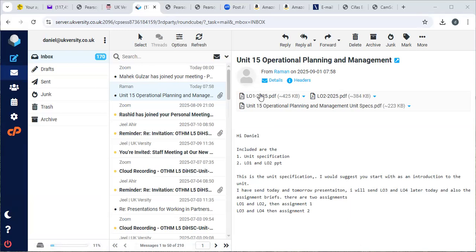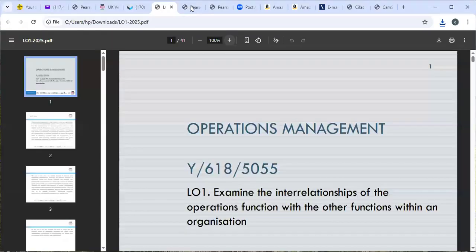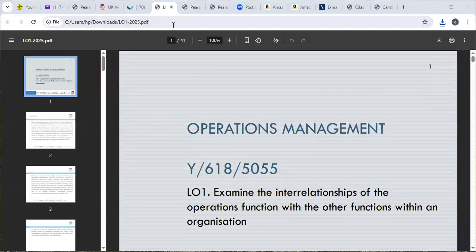Can you see the screen? Yes, we can. So what do you have on the screen then? The LO1 and LO2 thingies. Okay. So let me quickly. So we're going to do LO1. Can we see the screen now? Yes. Good.